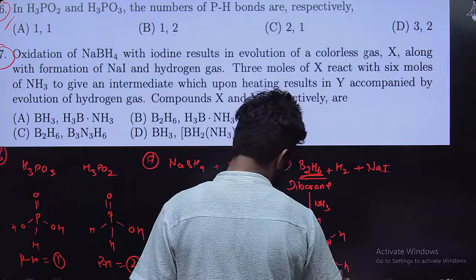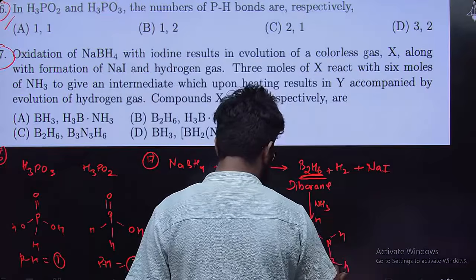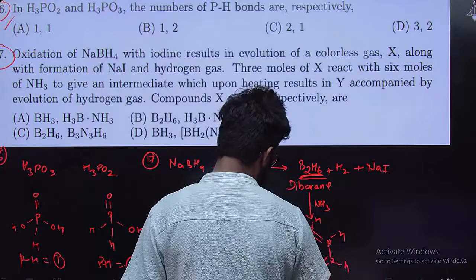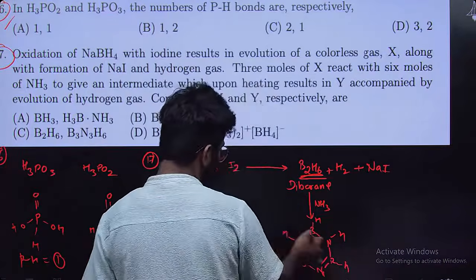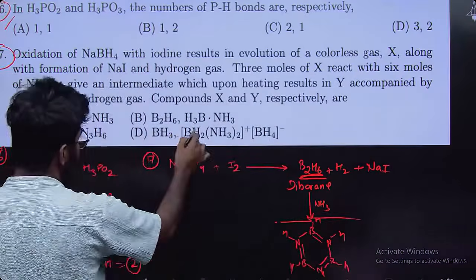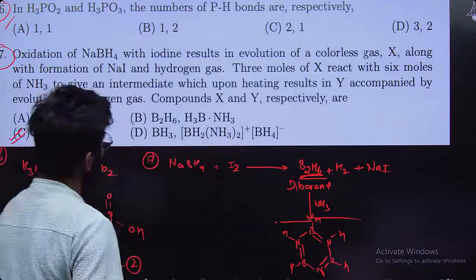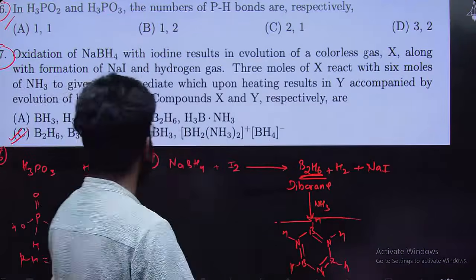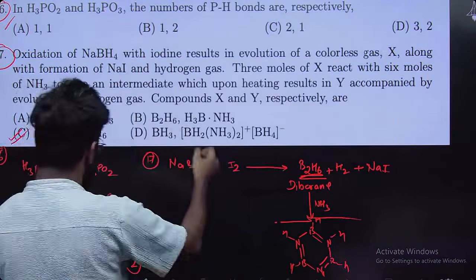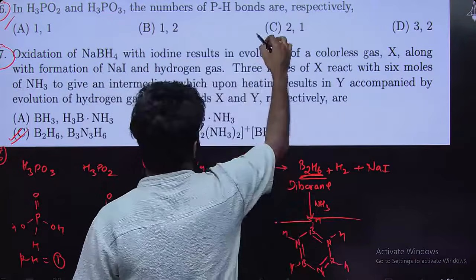And each plus and minus is cancelled out, so the overall molecule is electrically neutral, right? So this is known as borazine. So what you get is borazine. So the option with B2H6 and B3N3H6 is correct. And in the first one you have the count as 1 and 2 respectively in H3PO4 and H3PO3, right? So option C is correct.